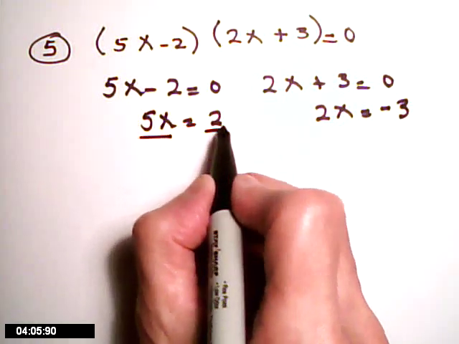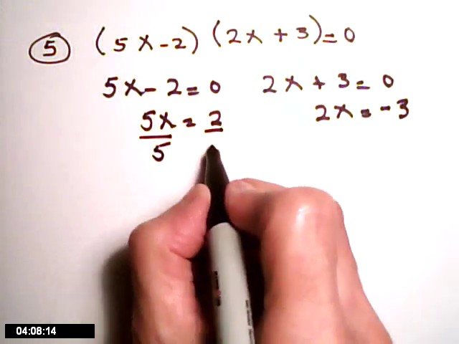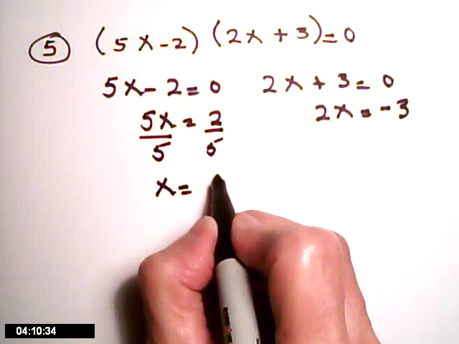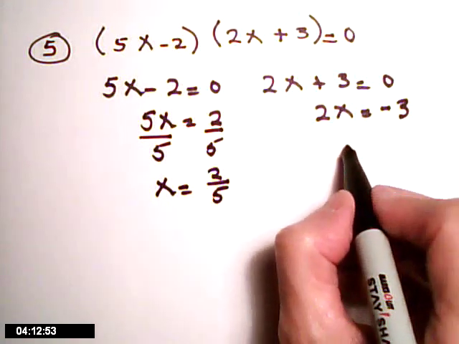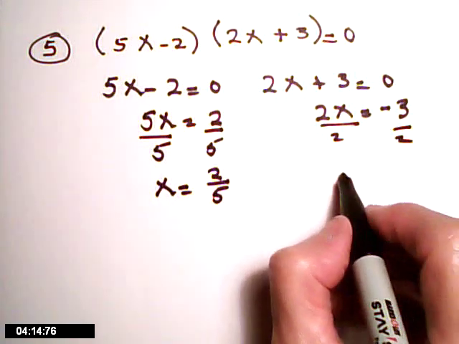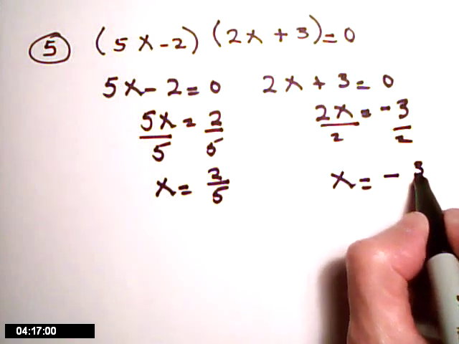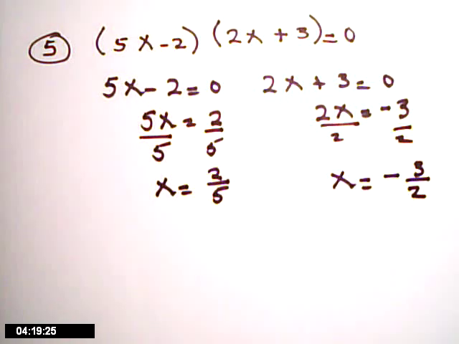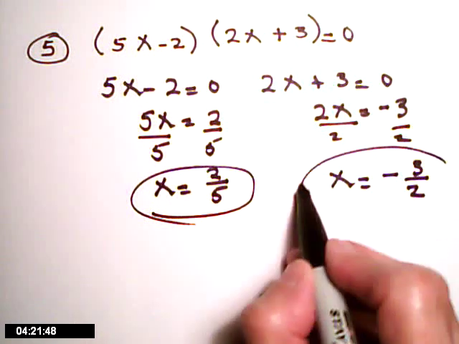I'm not going to be finished until I get x by itself. So in the first one, I have x equals 2/5. And in the second one, when I divide by 2, I'll have x equals negative 3 over 2. And there are our two answers.